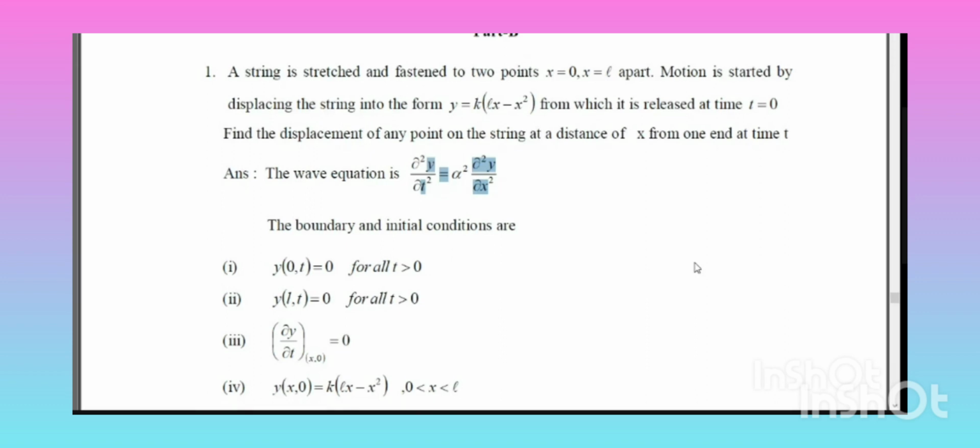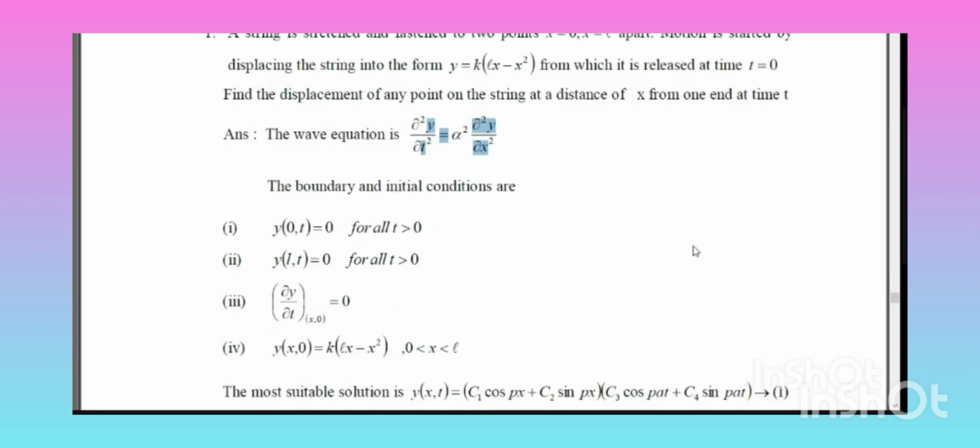First we have to write the given equation, which is the wave equation. The one-dimensional wave equation is ∂²y/∂t² = α² ∂²y/∂x².